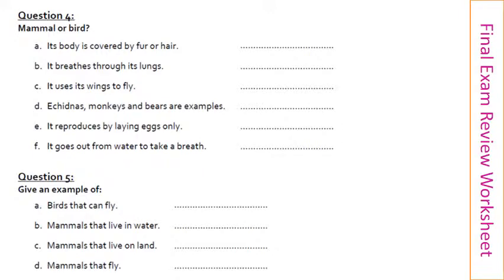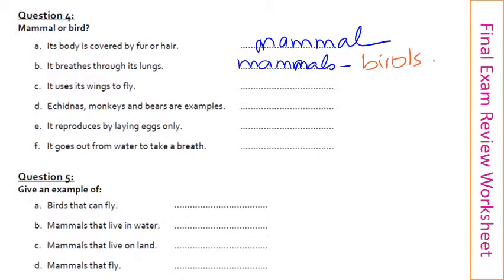Question 4, mammal or bird? Its body is covered by fur or hair. For sure, mammal. It breathes through its lungs. I have mammals breathe with their lungs, and birds also breathe with their lungs. Okay, it uses its wings to fly.